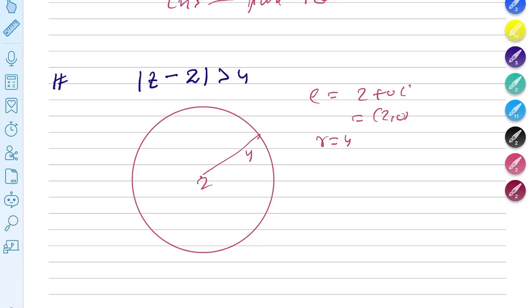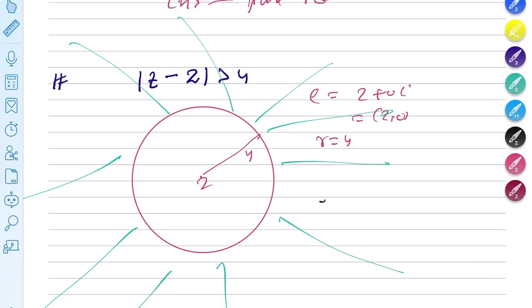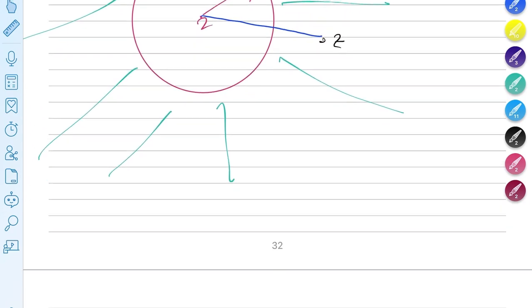But Z is such that its distance from 2 is greater than 4, so it will lie in the region outside the circle.